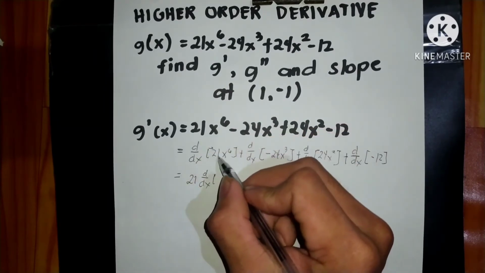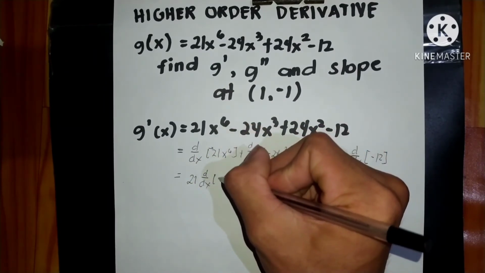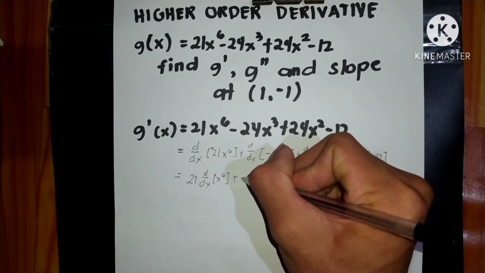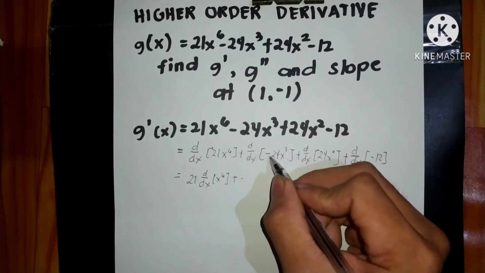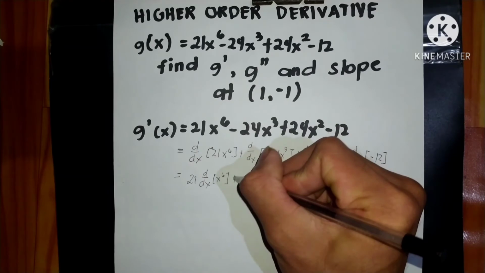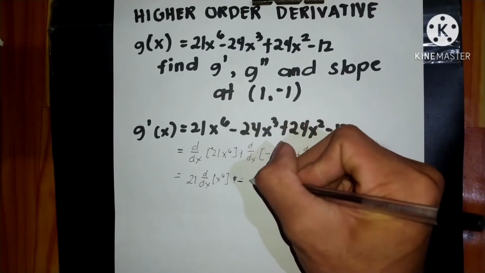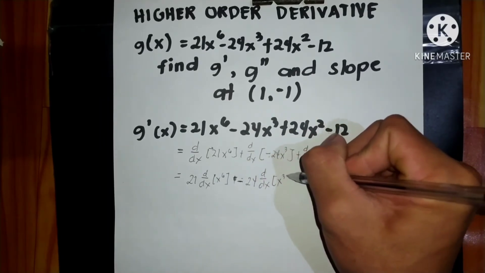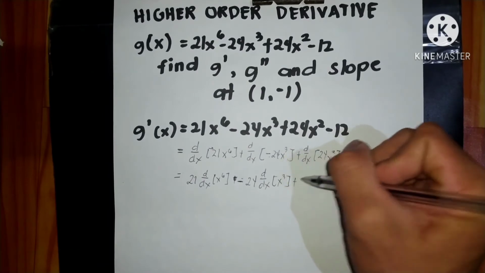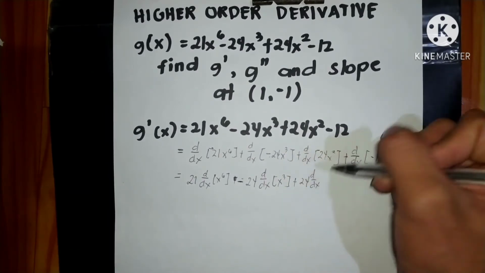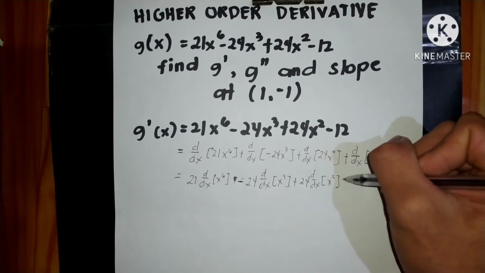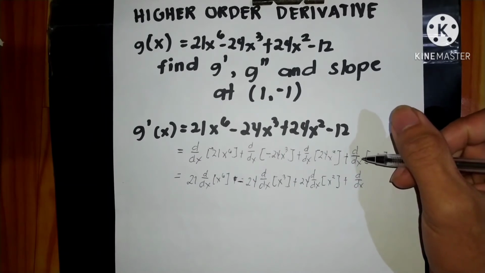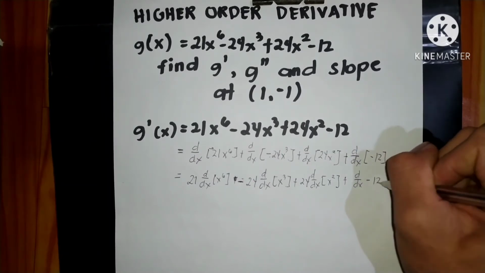So, naghiwalay na yung 21 at yung x. x raised to the power of 6 plus, so positive times negative, minus 24 d over dx of x cubed plus 24 d over dx of x squared plus d over dx of negative 12.